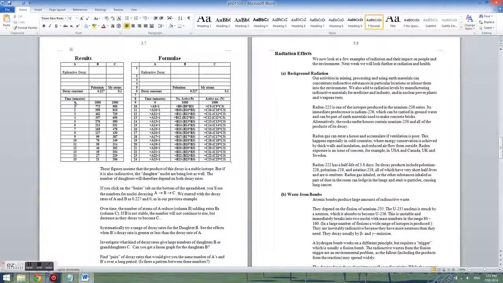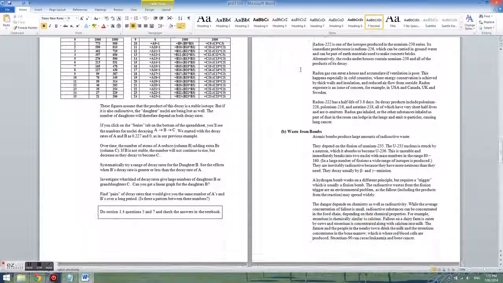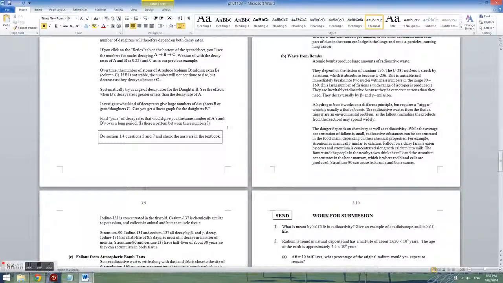It's just a spreadsheet: the time, and the indication of the number of atoms. You can go through them, but if it's too much work, just leave them alone.